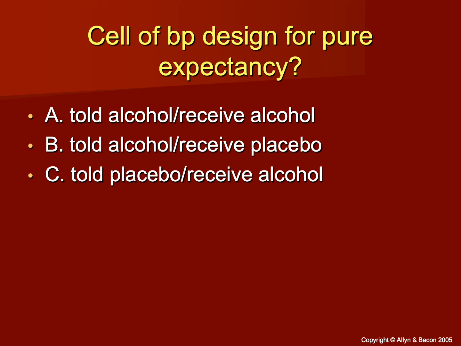All right, let's just think this one through. We want expectancy only, right? So told alcohol, well, that sounds right. Receive alcohol, no, that's going to be the pharmacological effect as well. B, told alcohol, receive placebo. Ding, ding, ding! Yeah, this is exactly what we're looking for. Pure expectancy. They're going to show us how they behave when they think they have alcohol, but they're not actually going to get it pharmacologically.